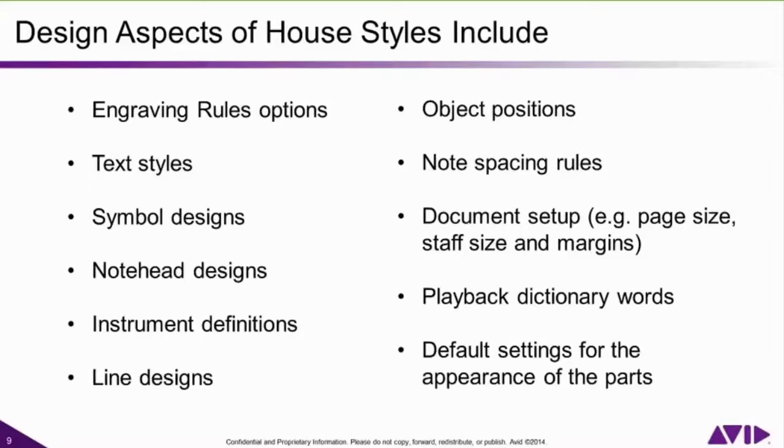Now, under each of these headings are a lot of settings that can be tweaked and adjusted, and obviously we're not going to have time to go over all of them today due to the time constraints. So what we'll do is concentrate on the things most commonly changed by users.